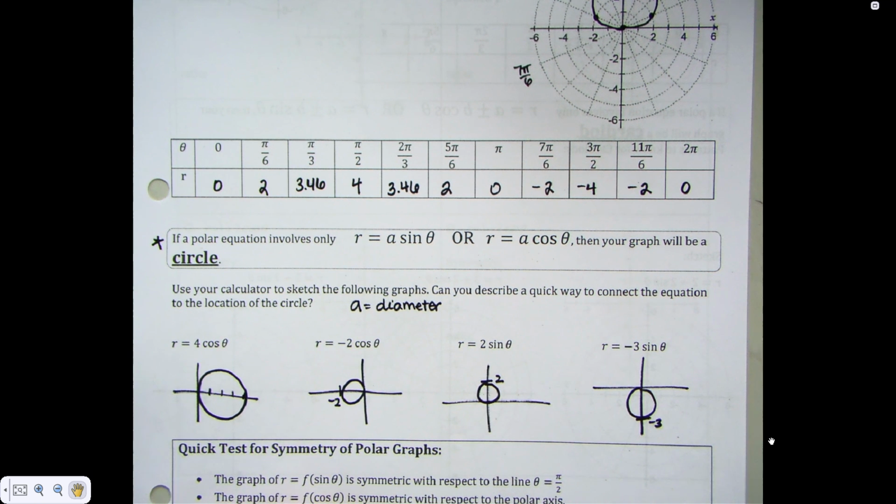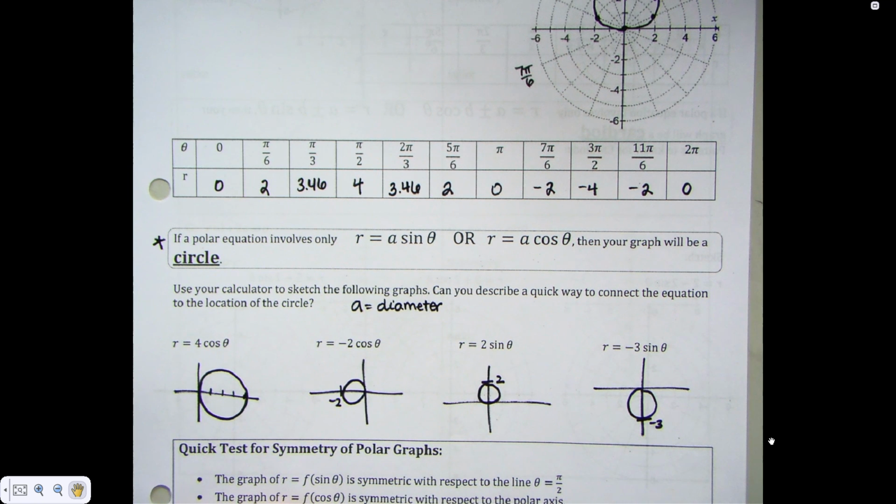And then the other thing that I noticed is that when I have a cosine function, my circle is cut in half, right? It's symmetric about the polar axis, or what used to be the x-axis. And remember, when we talked about cosine, when we first defined our trig, cosine was always associated with x values, sine was always associated with y's. And every time I'm graphing one of these circles with a sine function, then my axis of symmetry is what corresponds to the y-axis.